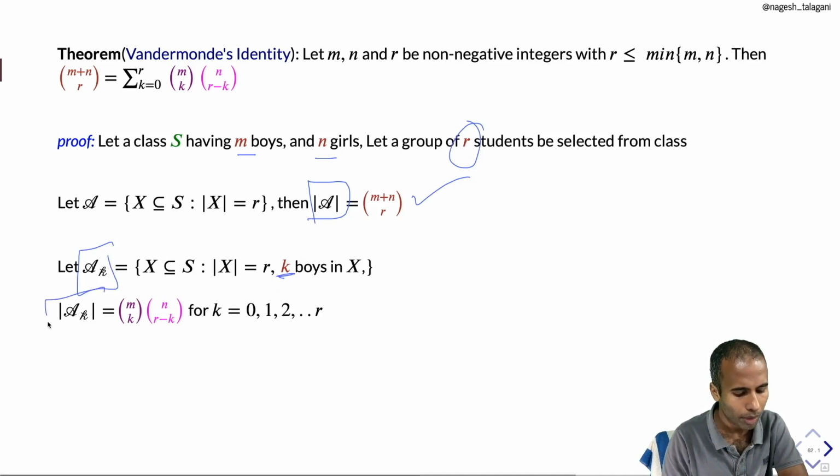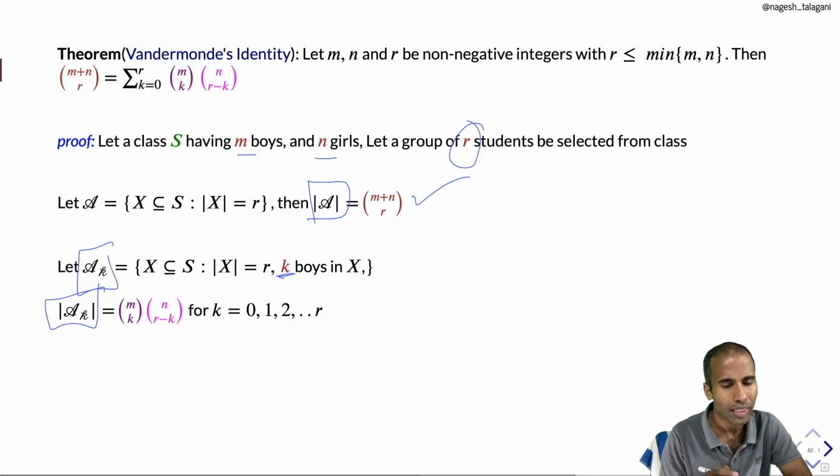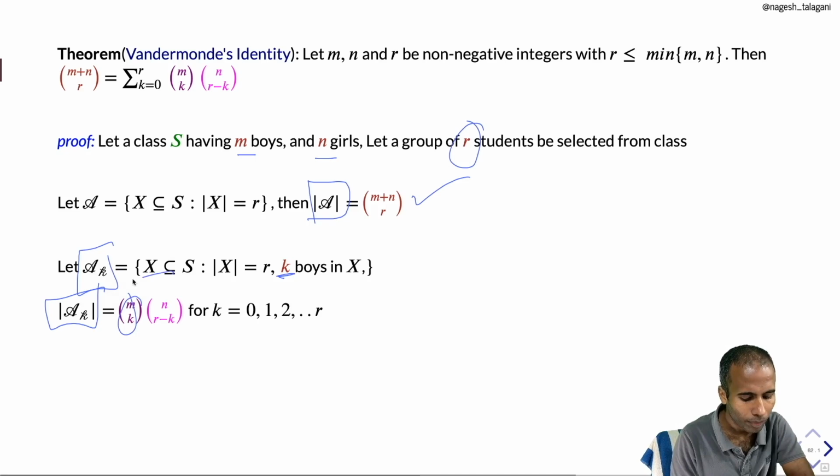So the number of elements in script A_k is m choose k into n choose r minus k. First you select k boys from m boys and the remaining r minus k students should come from n girls. That's why m choose k into n choose r minus k. This is the number of elements in script A_k, which is the size of the type k group.